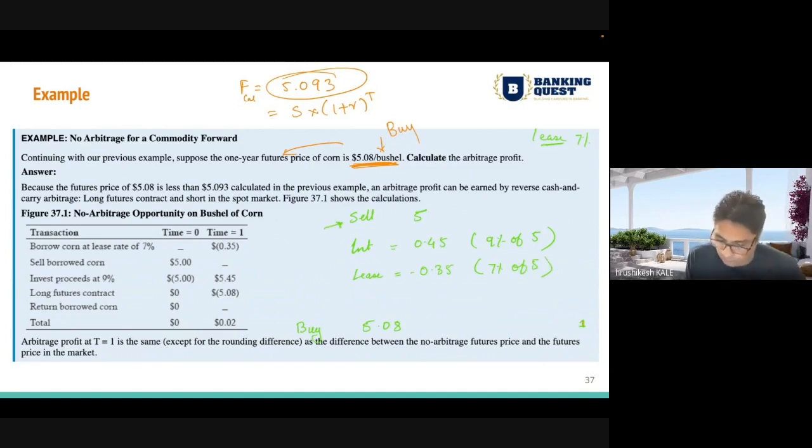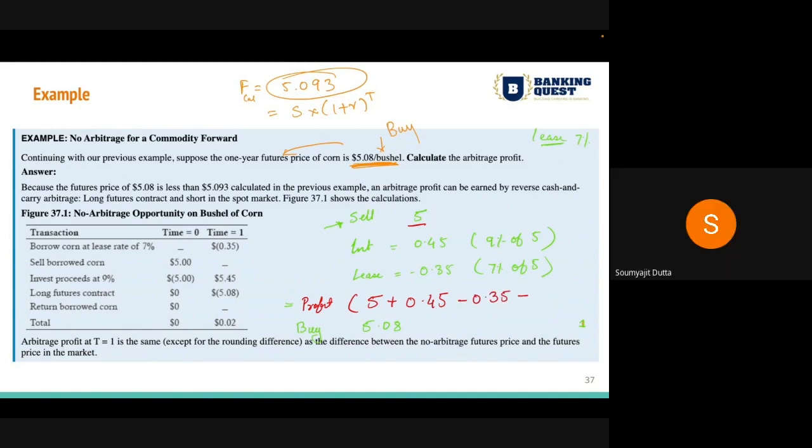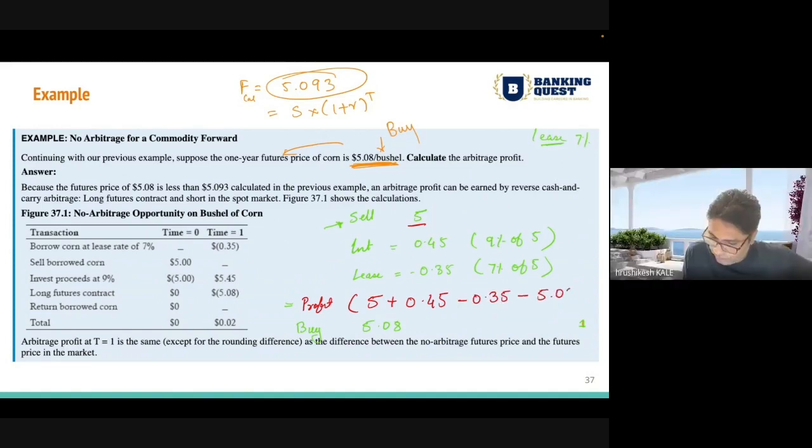Okay. Now, let us calculate profits. So profit equals, I sold it at 5, so 5 plus the interest 0.45 minus the lease 0.35 minus buying, that is 5.08.